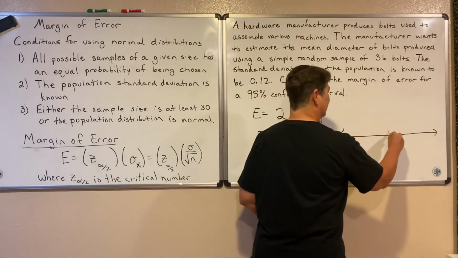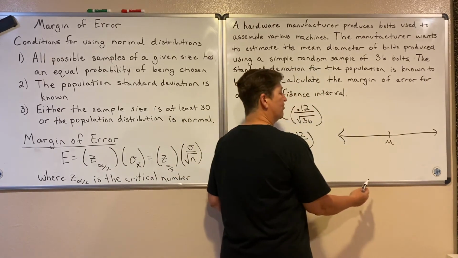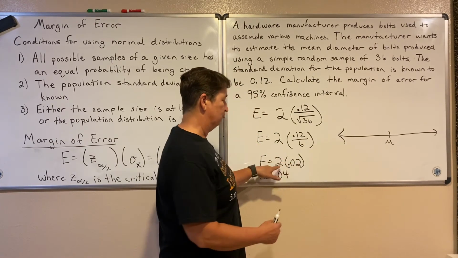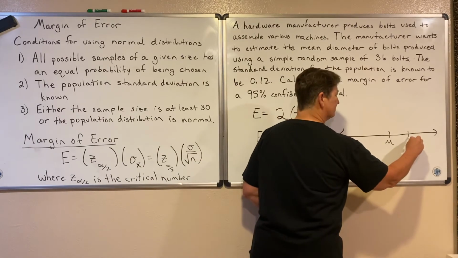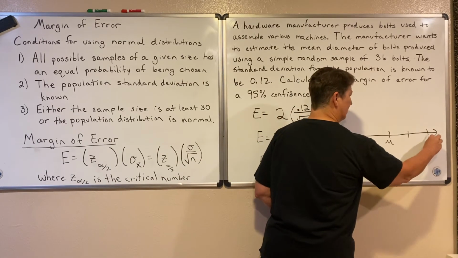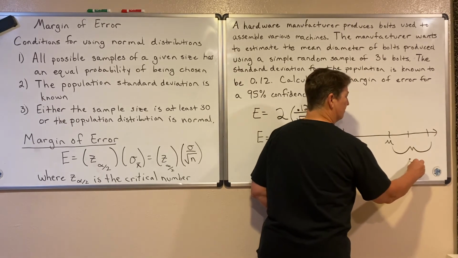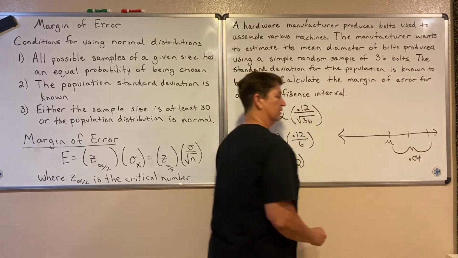So let's say I'm dealing with means. That margin of error is 2 standard deviations out. So in other words, I go out 1 standard deviation, I go out 2 standard deviations. This distance here is going to be 0.04.